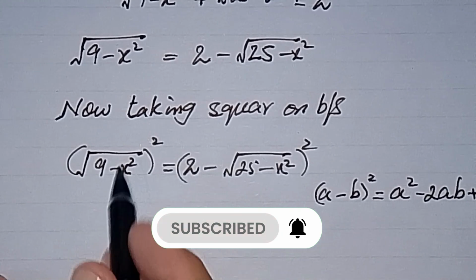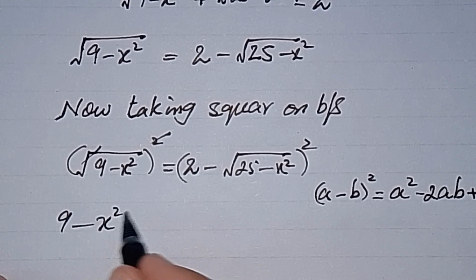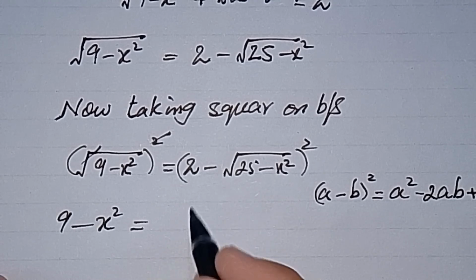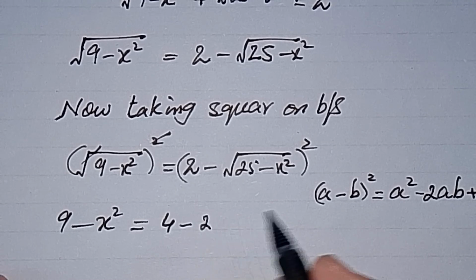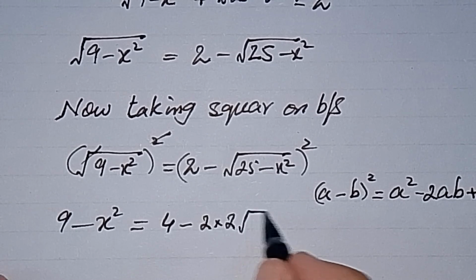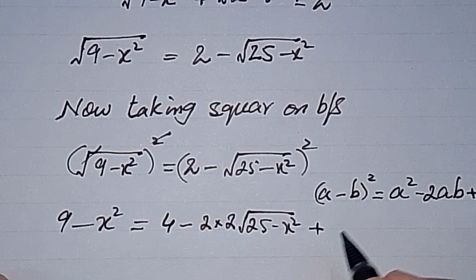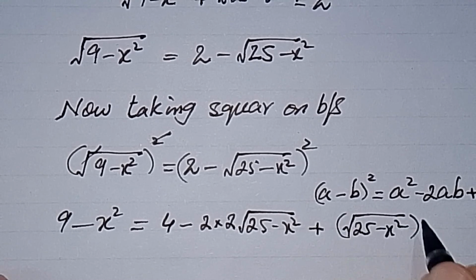Now here square and square root are cancelled. 9 minus x square is equal to 2 square, 4, minus 2 into first element, 2 into second element, under root 25 minus x square, plus b square, 25 minus x square whole square.